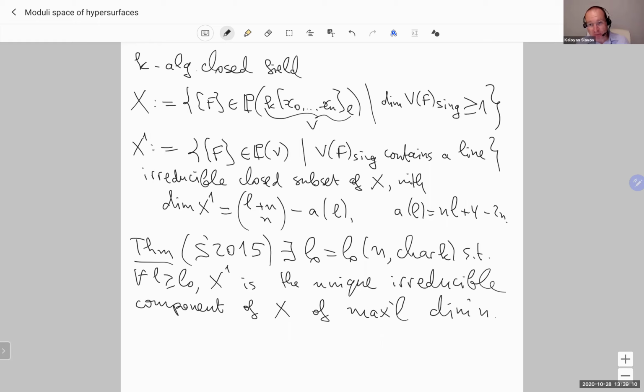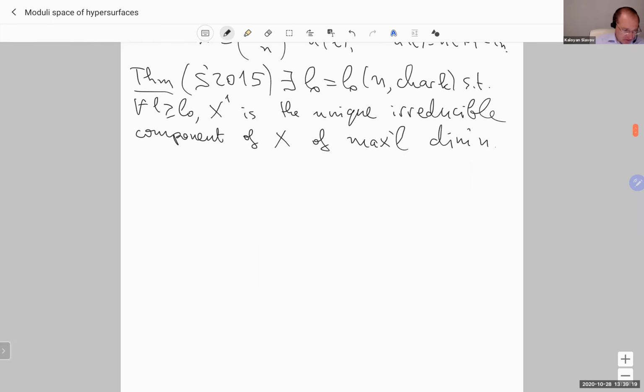It will come not from lines, but from plane quadrics. But I will not focus on that. In fact, also for expository purposes, let's say that n is equal to 3. This case avoids some technical complications and again illustrates already all the ideas.